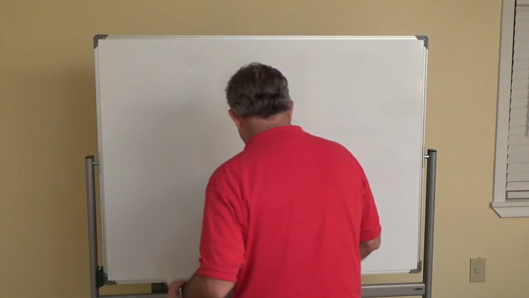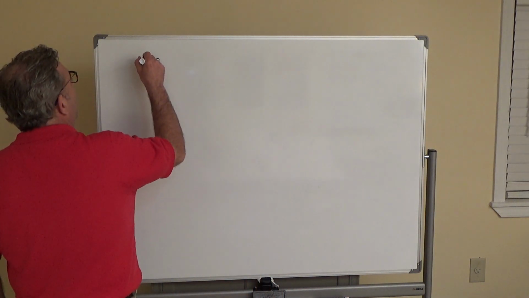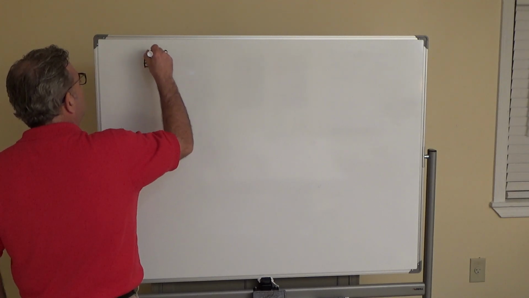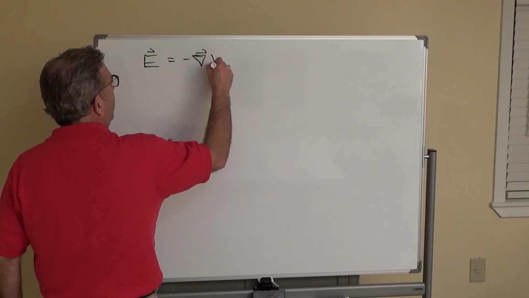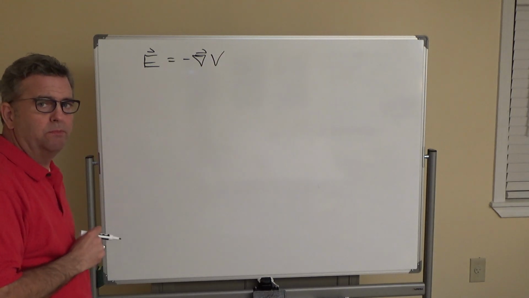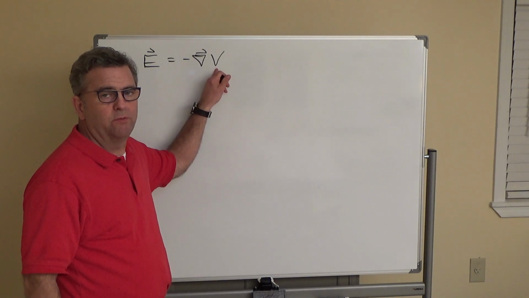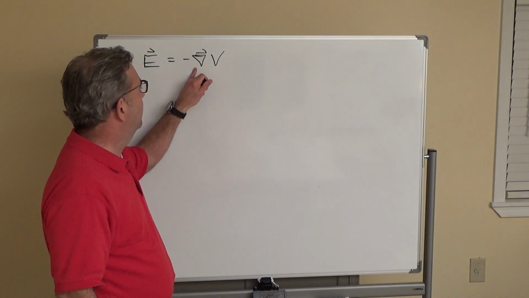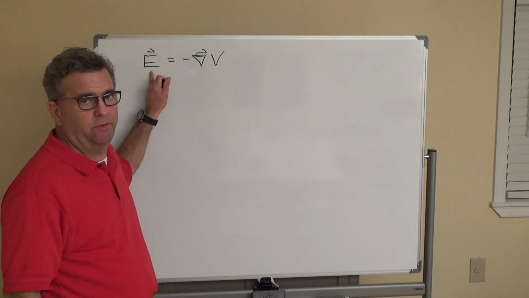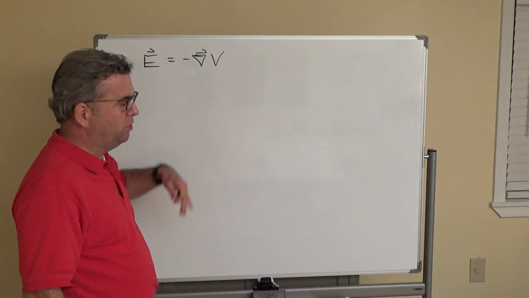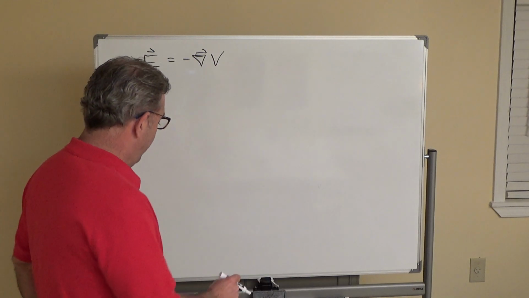Remember, for the electric field, E is equal to the negative of the gradient of the potential. So we developed this potential function for the electric field, and by taking a derivative of this potential, we can obtain the electric field. We're going to develop something similar for the magnetic field.